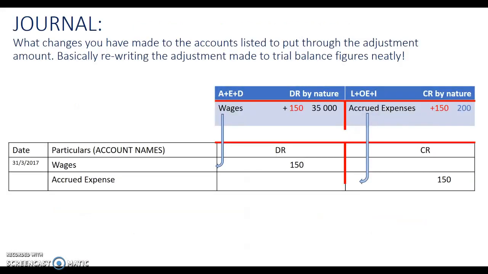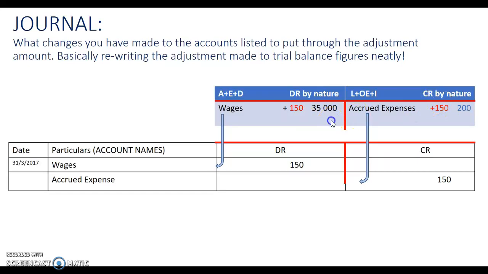So let's go and see how you get asked to do this in your accounting exam. Remember, a journal is what changes you have made to the accounts listed to put through the adjustment amount. You're basically rewriting how we've adjusted that trial balance, but neatly. In this case, our $35,000 figure we added $150 to, and on this side we had an accrued expense account that we've already opened up, and we've added another $150 to it on this side.